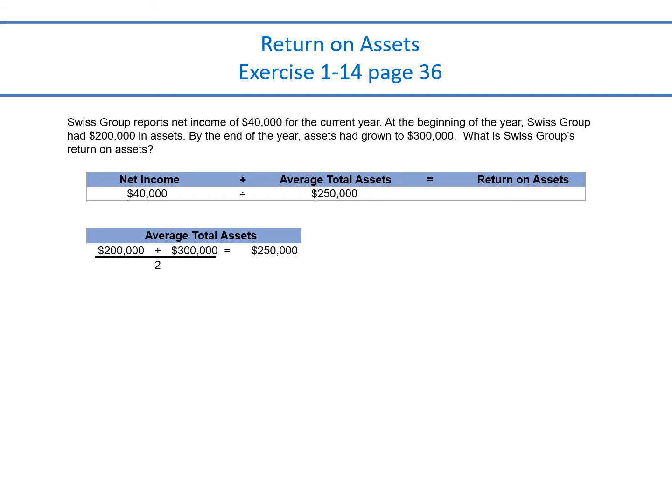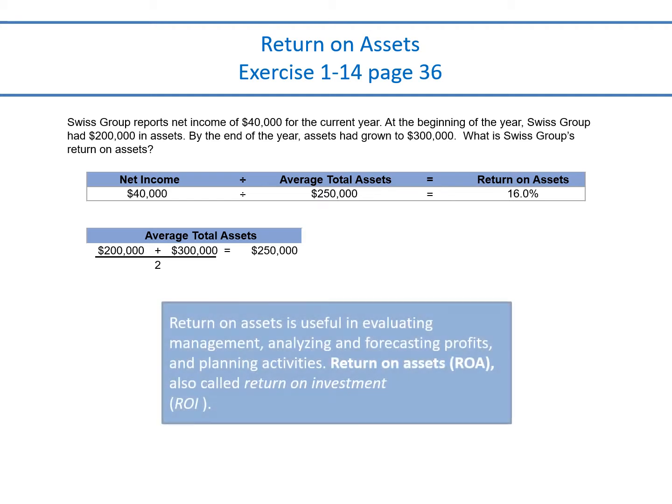So average total assets is 250. 40,000 divided by 250,000 is 16% return on assets. Return on assets can also be called return on investment.